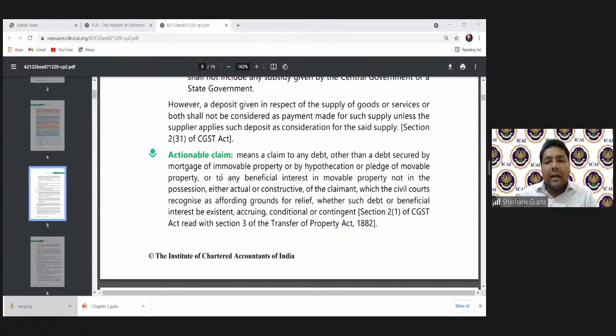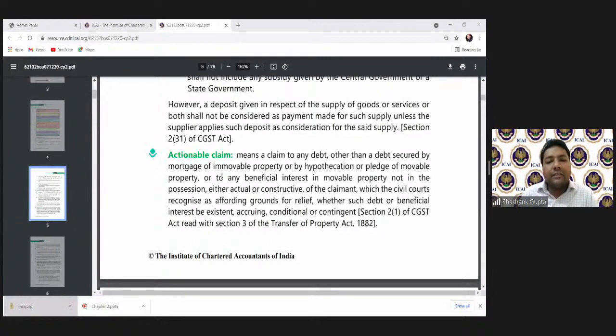So basically, either it has to be an unsecured debt or a beneficial interest in a movable property like a car, like a laptop, like a phone. But that movable property should not be in the possession of the person claiming that right. So that is where it becomes an actionable claim.